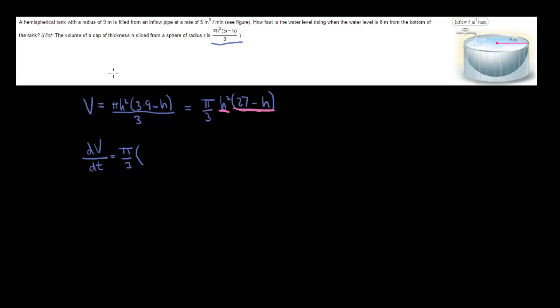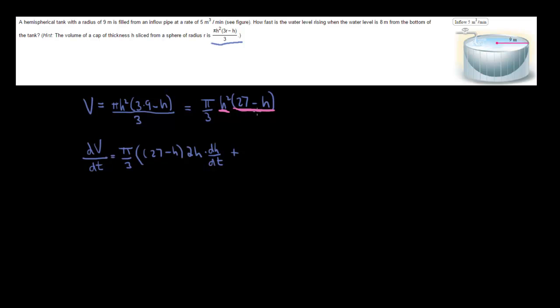The product rule says that you take the derivative of the first function, that gives us 2h, then multiply by the second function. So I'll say 27 minus h times 2h, but when I take the derivative of h squared, I don't just write 2h, I write 2h times dh dt according to the chain rule. Then I add this to the first function times the derivative of the second function.